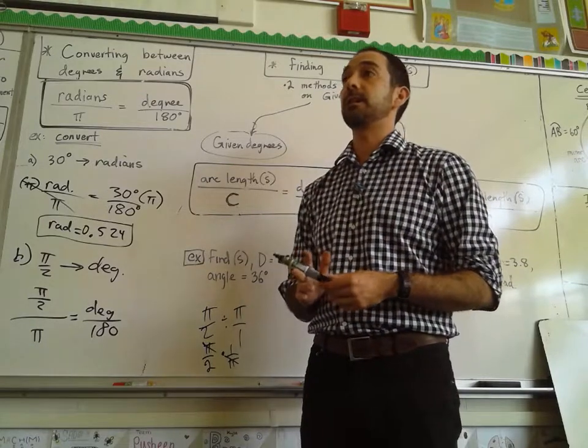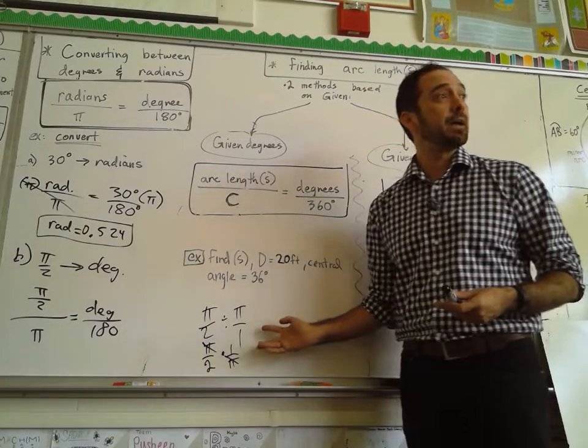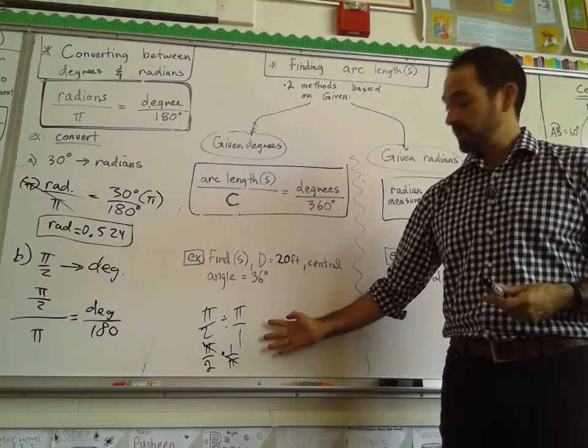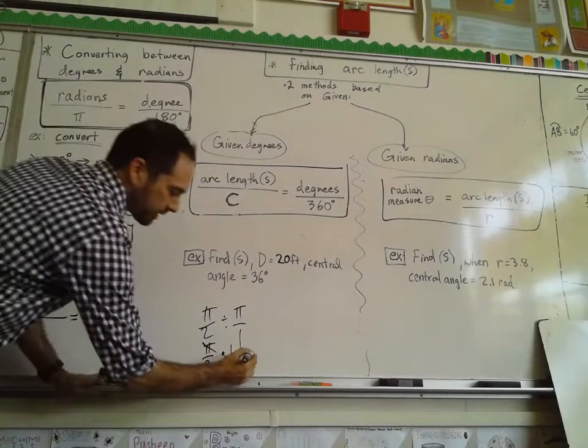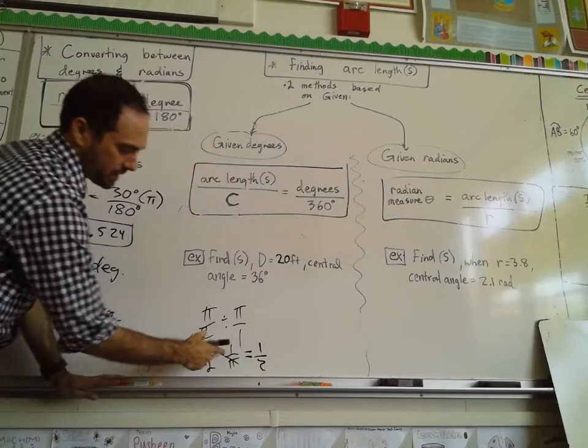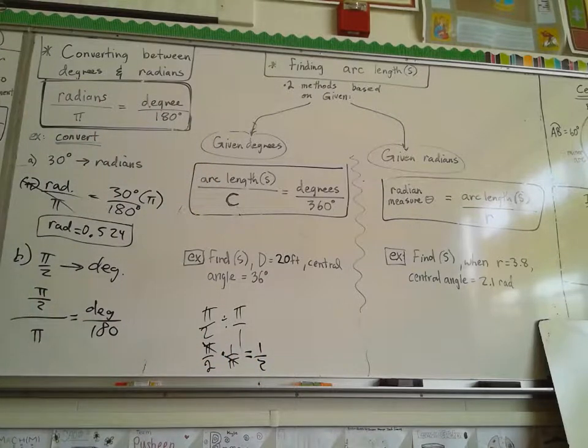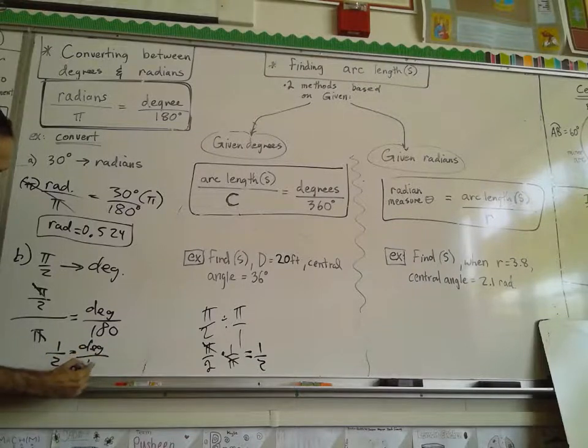So I know that I can work all this out and end up with 1/2, or I can just go right off the bat, and I know that's going to cancel. I end up with 1/2 is equal to the degrees over 180.